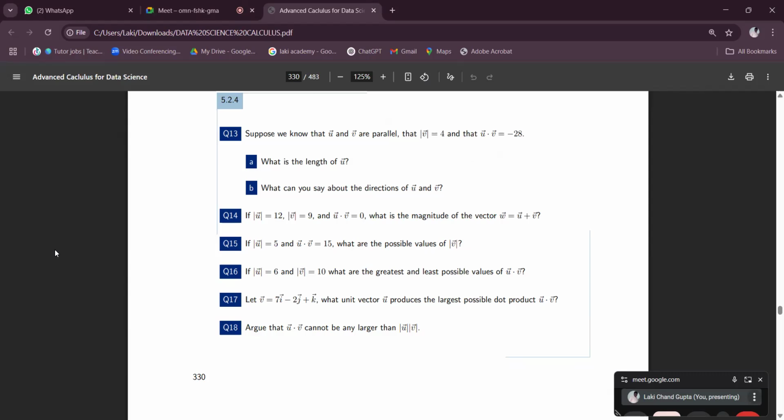What are the greatest and least possible values for u dot v? I think we need to again use the cosine theta relationship, right?